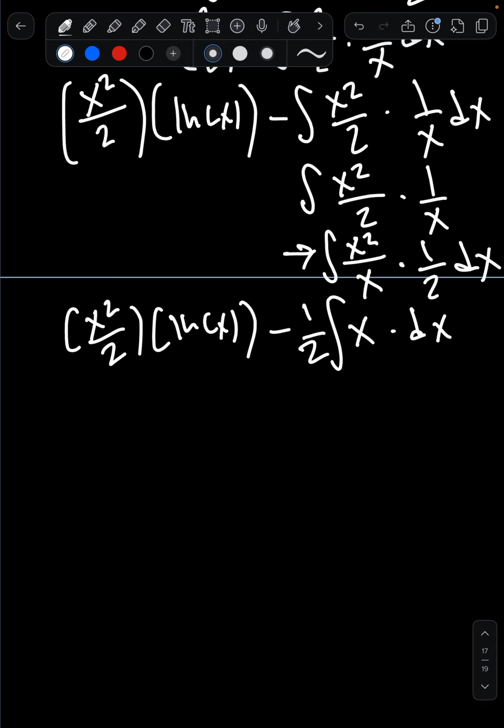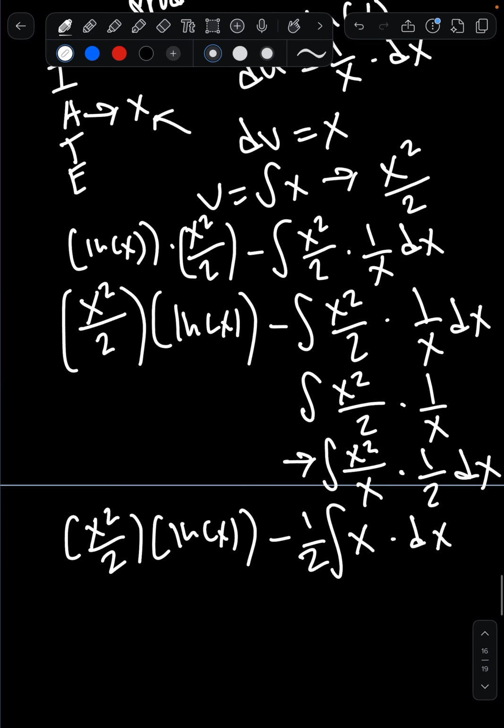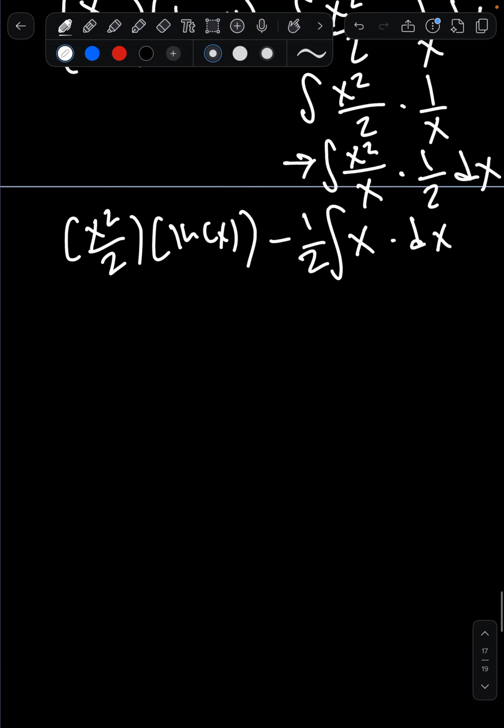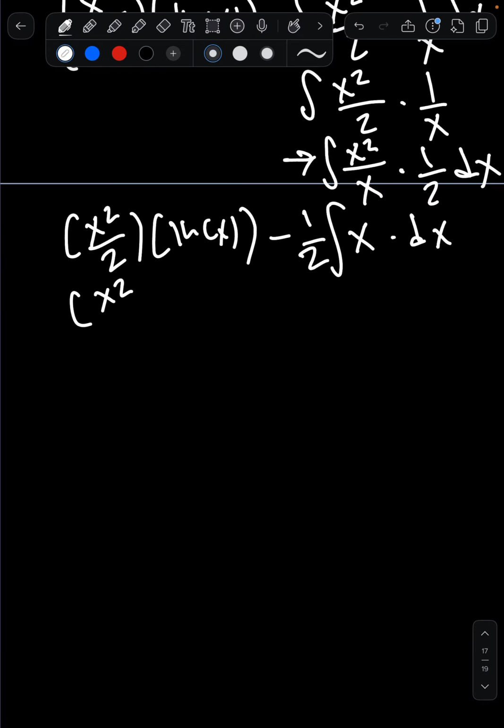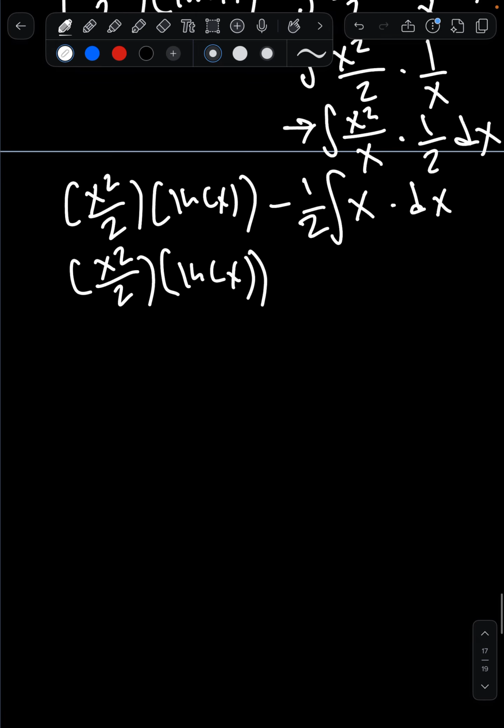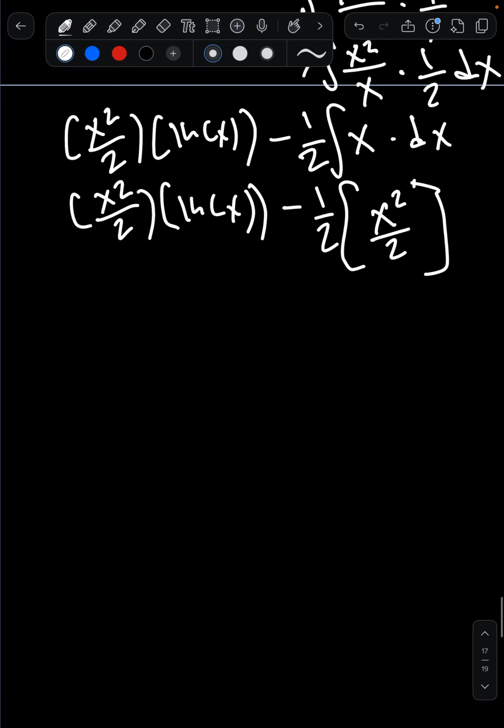So all we're left with in the integral is x times dx. We already found that the integral of x is x squared over 2. So let's substitute that. x squared divided by 2 times ln of x minus 1/2, and let's put in brackets x squared over 2 so you can see how this happens.